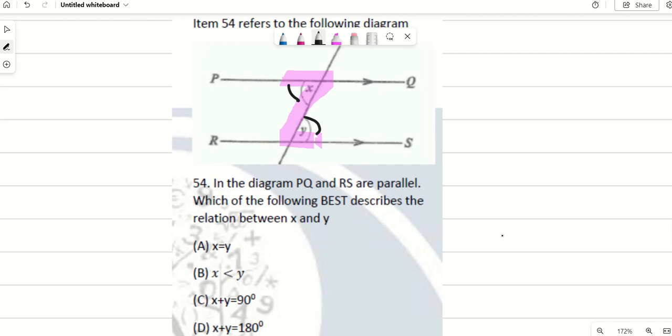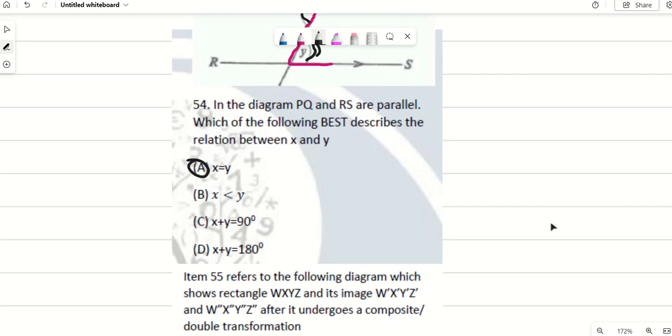Which of the following best describes the relationship between X and Y? E. They are equal. So you look for the Z, which we are seeing. Let me put that in red. If you look at this, you see the Z, and you see that the angles X and Y are in the interiors of the Z, and they are equal. And that is your answer.